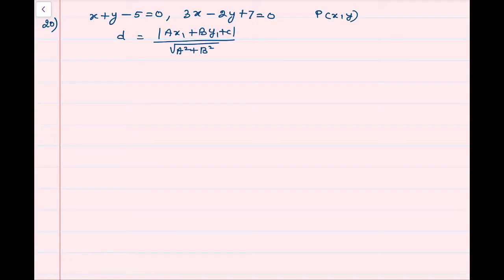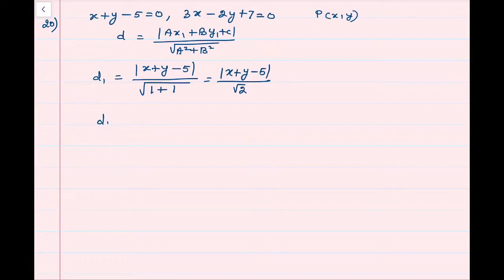We will find the distance of this point P from the first line, which is x plus y minus 5 divided by root of a square plus b square. Here a is 1, b is also 1, root of 1 plus 1, which is absolute value of x plus y minus 5 divided by root 2.